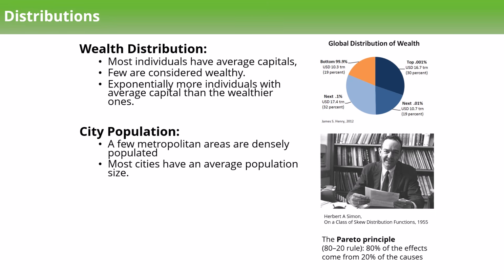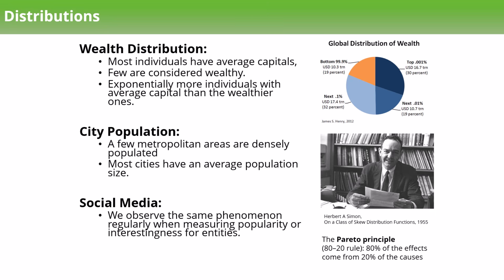Then social media: most content gets modest attention. A small number of posts become viral. This phenomenon is closely connected to the Pareto principle, which is the 80-20 rule. 80% of outcomes often come from 20% of causes. Herbert Simon studied these skewed distributions and showed that they occur naturally in many systems.